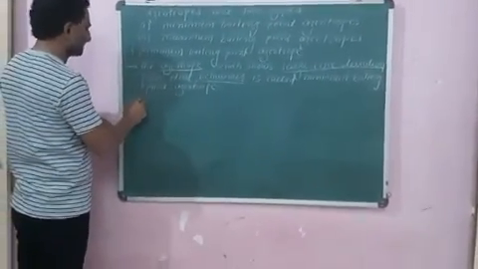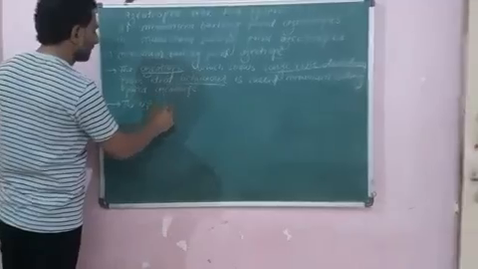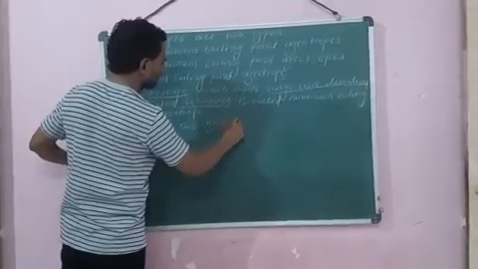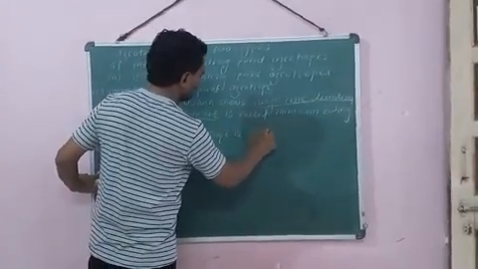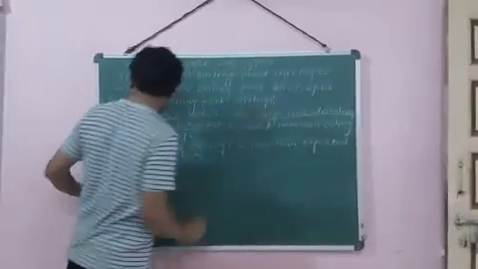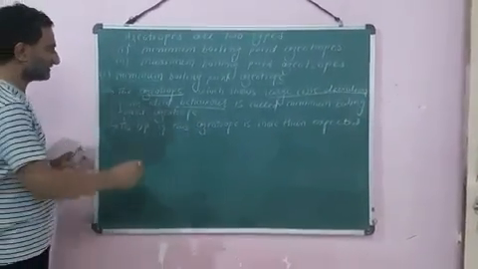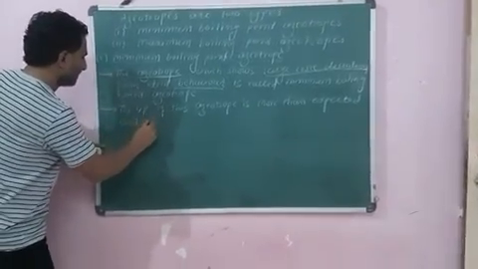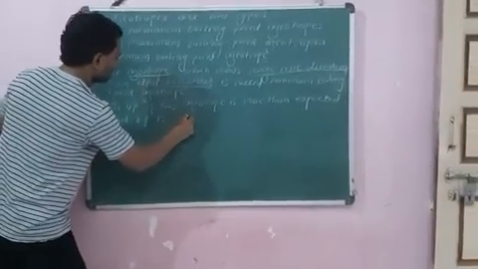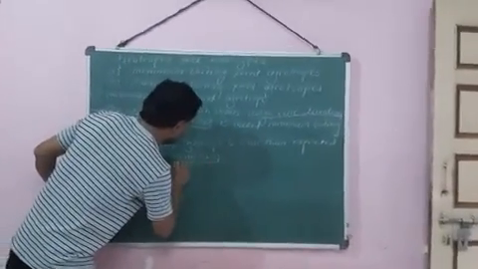It means the vapor pressure of this azeotrope is more than expected and the boiling point is minimum. This boils at minimum boiling point.